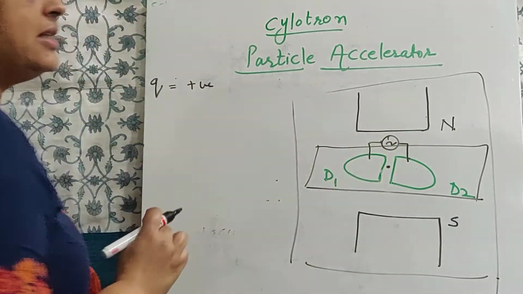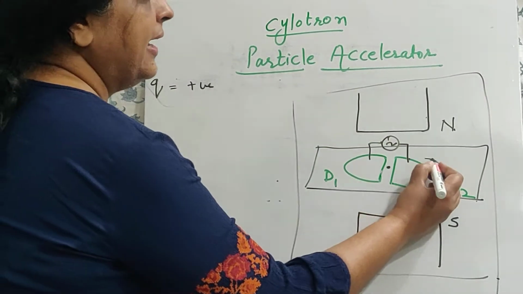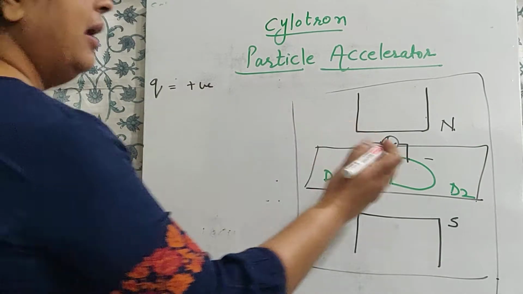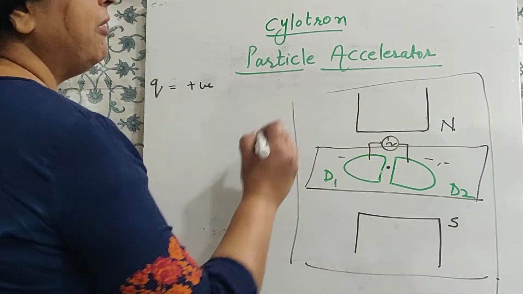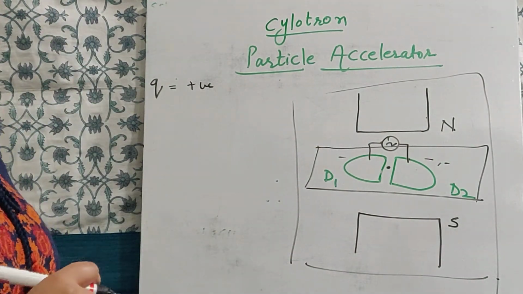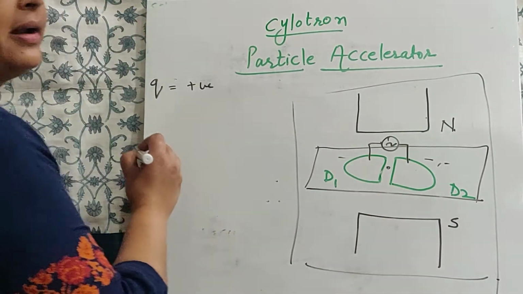Here we have an oscillator. This oscillator will make this D negative at one time, and after one complete cycle, again this D will become negative. In half of the cycle, this one will become negative, and this is what is happening because of the presence of the oscillator.